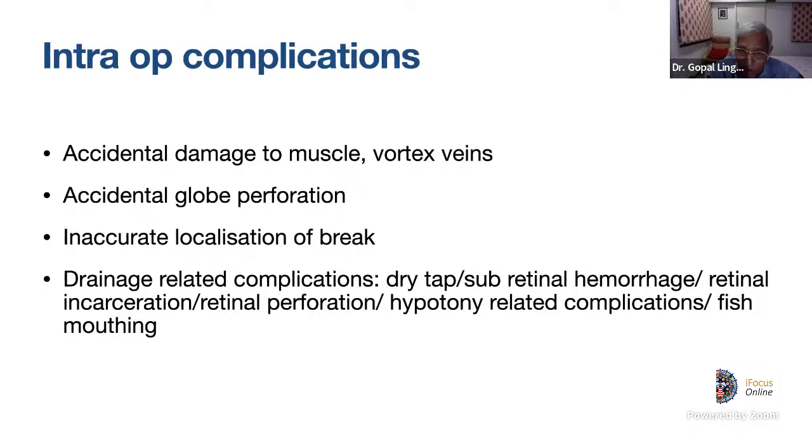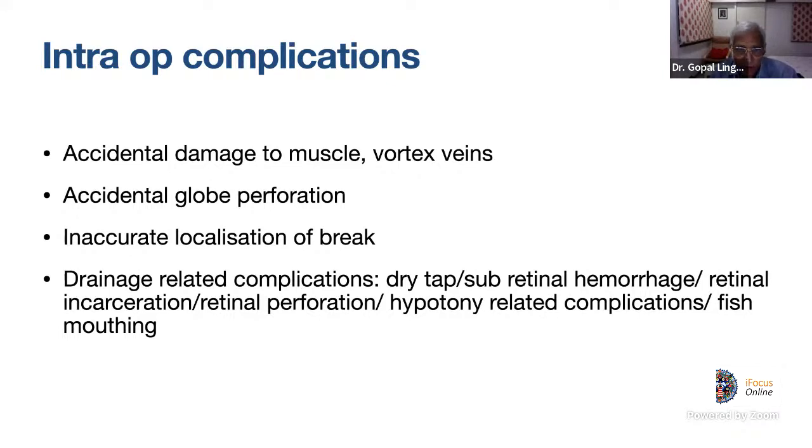Staying away from the vortex veins gives you a less vascular choroid to penetrate, and hence less risk of subretinal hemorrhage. But if you have to choose between the highest point of detached retina versus staying away from the vortex vein, first priority is maximum fluid. Second priority is staying away from the vortex vein.